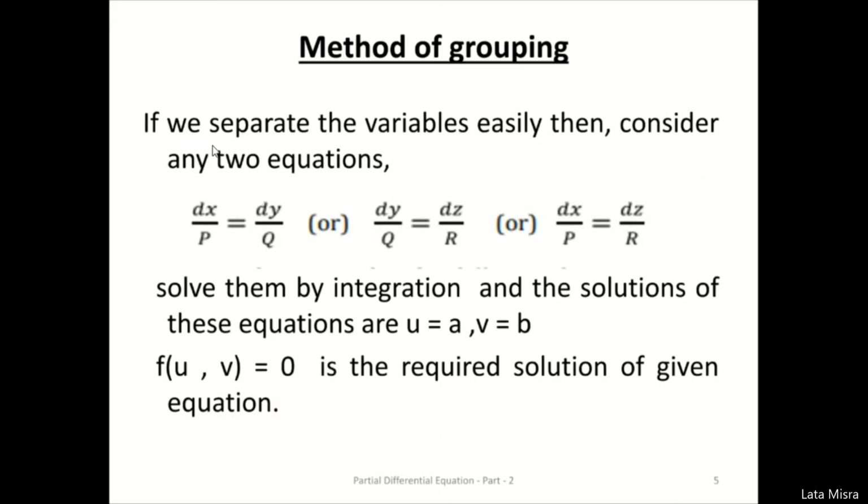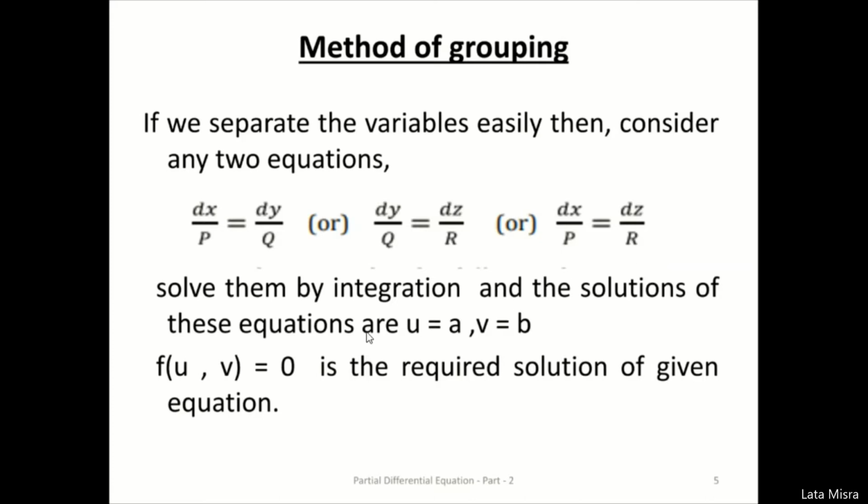Now if we can easily separate the variables, then we use the method of grouping. In this method we consider two equations, dx/P = dy/Q, or dy/Q = dz/R, or dx/P = dz/R.